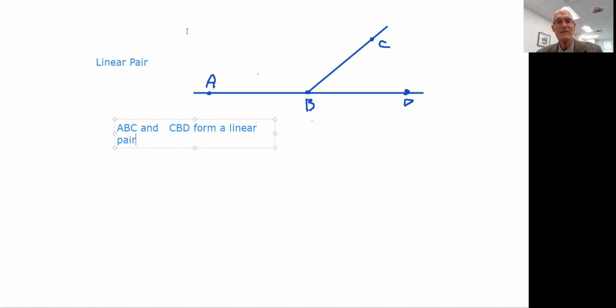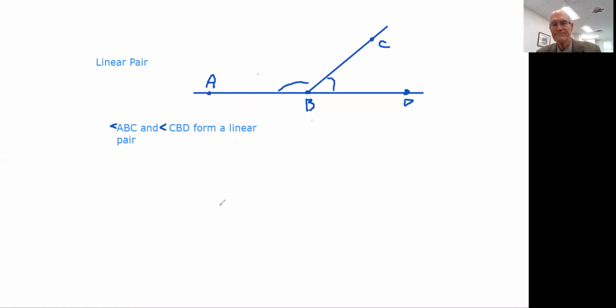And the reason why that is because if you'll notice, when you put those two angles together, the measure of this angle here plus the measure of this angle here equals 180 degrees, which makes ABD collinear, and that makes this a line. So when you have a linear pair, you have two angles that will combine together to create a line.